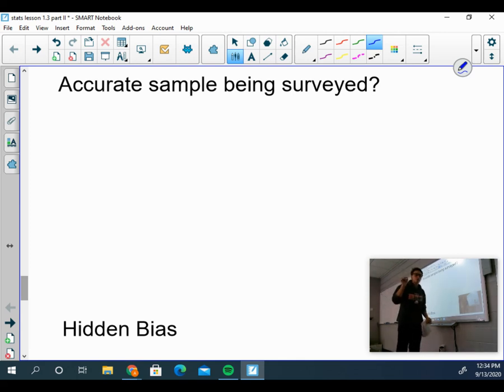If I talk to every single person who's registered to vote, it might be accurate, but there might be some error there because everyone who's registered to vote may not vote. So you'll see some polling groups go a step further and ask, "Are you likely to vote?" And then they'll only post the results of the people who say they're likely to vote. So you got to be careful: are you surveying an accurate sample?